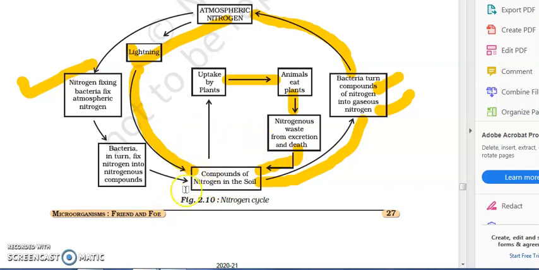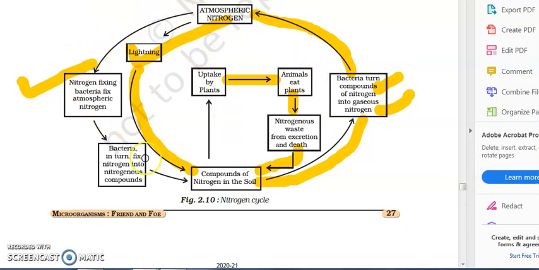After that, certain bacteria convert the nitrogenous compounds into gaseous form, and this gaseous nitrogen again goes to the atmosphere. In these two ways, you can understand how the amount of nitrogen is fixed in the atmosphere, and this cycle is also known as the nitrogen cycle.